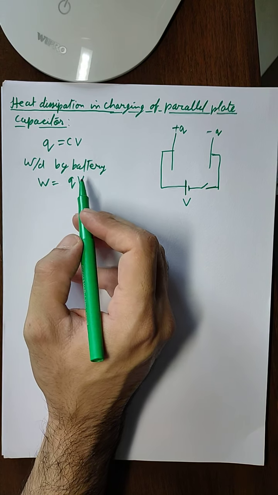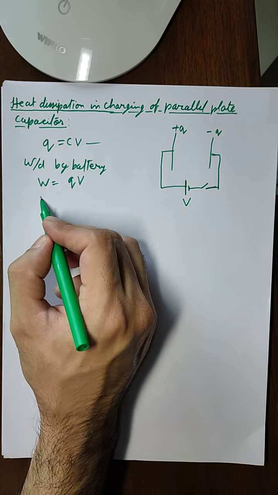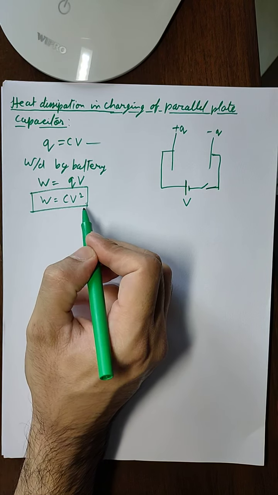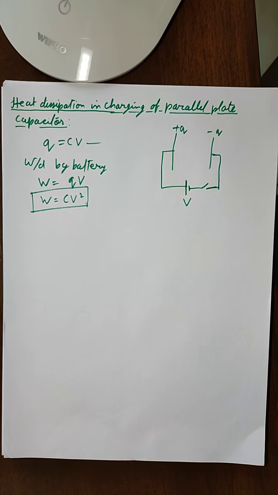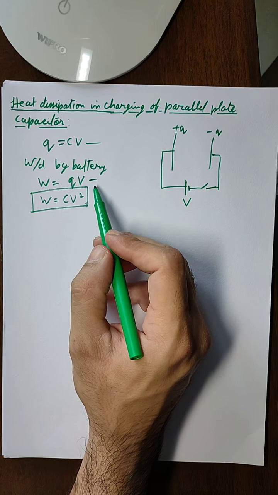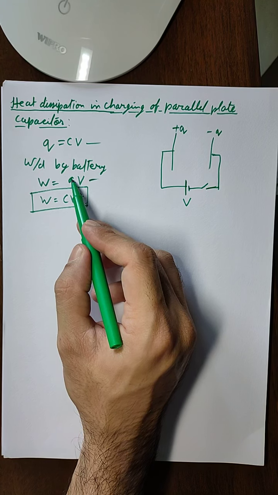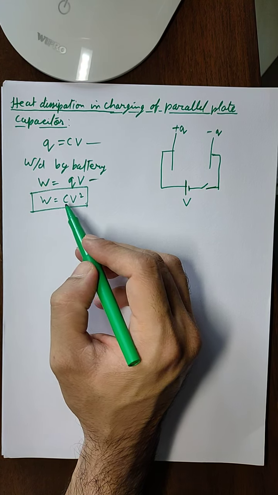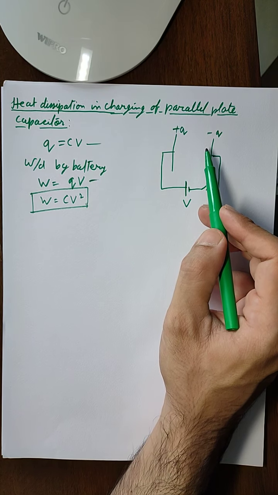Now this work done, using this formula, can also be written as CV square. We found this formula in previous sections, and by using the value of Q equals CV, we can find the work done in depositing charge Q on a parallel plate capacitor.